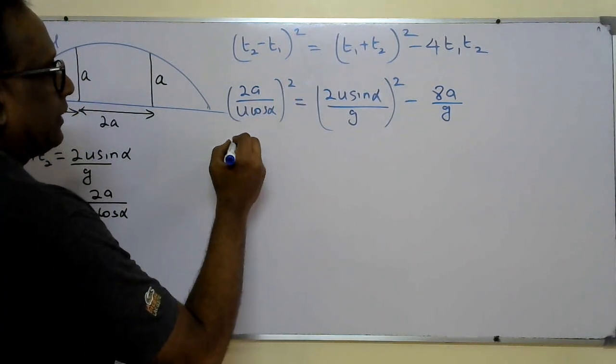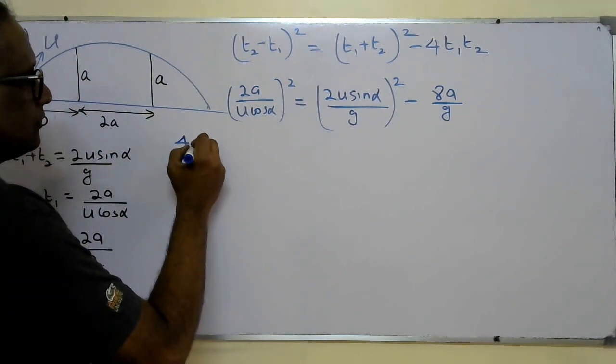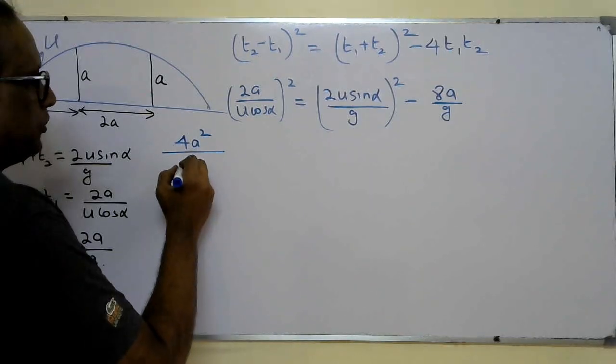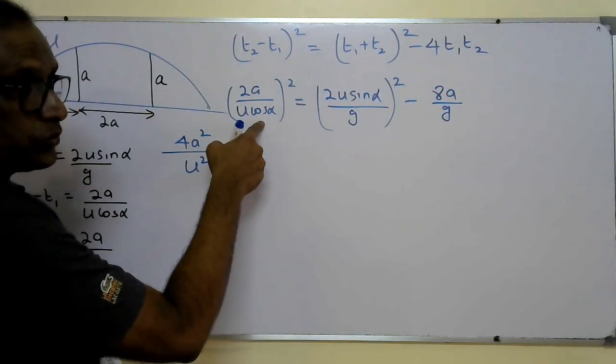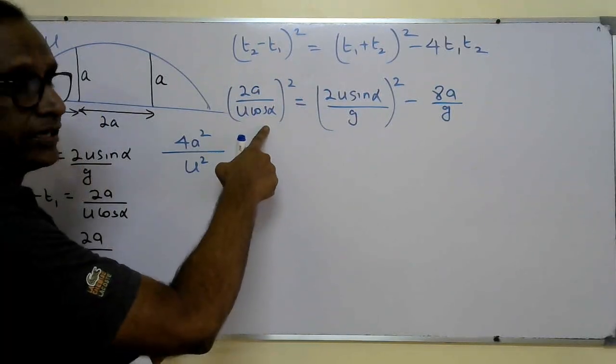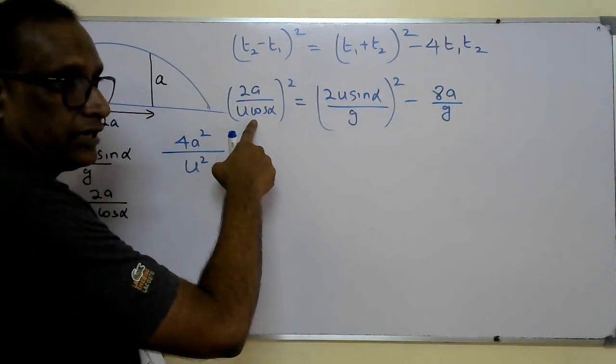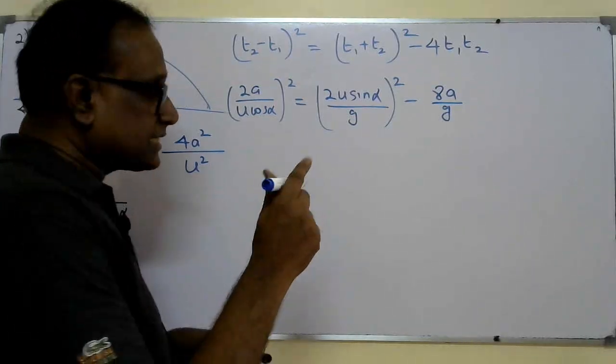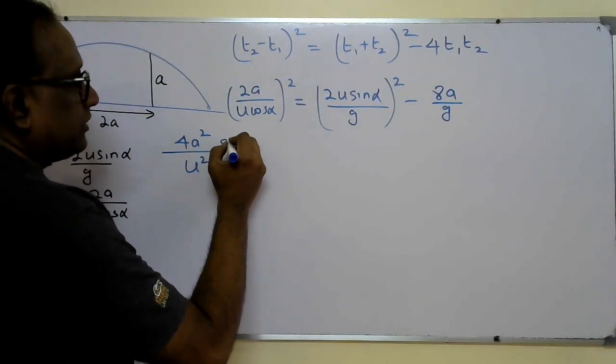We'll expand it, it will become 4a squared over u squared cos squared alpha, and 1 over cos squared alpha is sec squared alpha. I can write this as sec squared alpha.